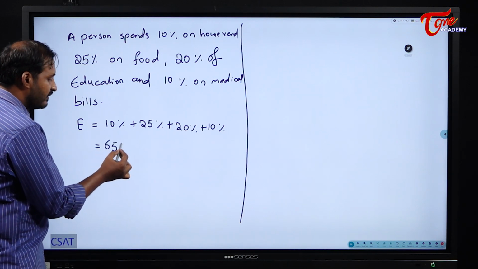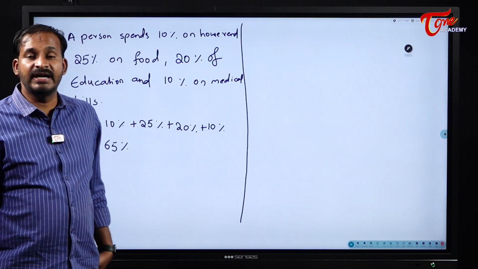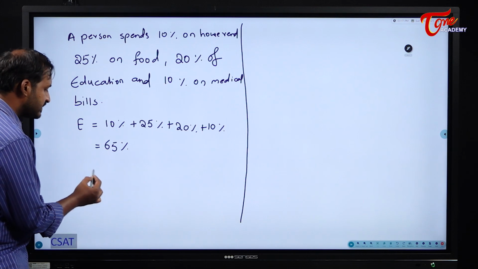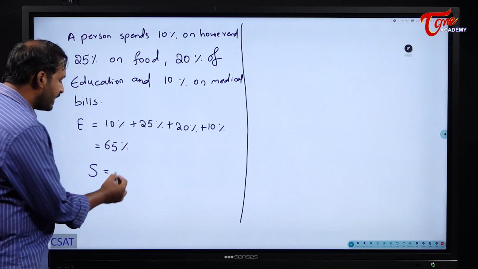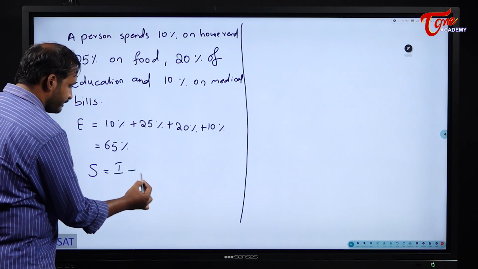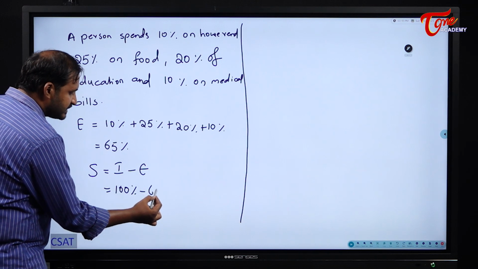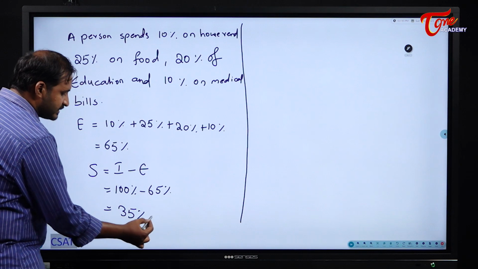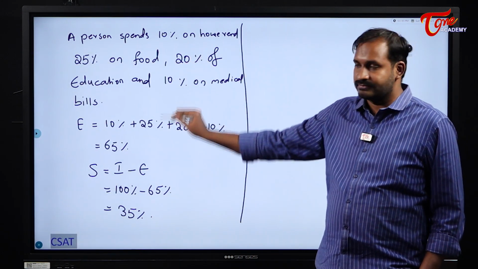That means he will spend 65% of his salary. Then what will be his savings? How will you write the savings? Income minus expenditure. From his 100% of income, he will spend 65%. That means his savings will become 35%. A simple and direct question.